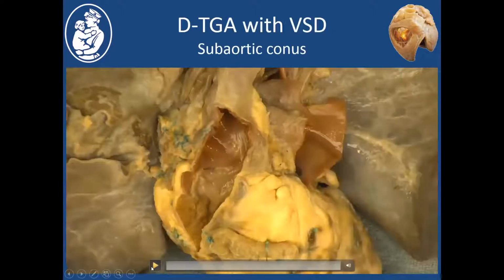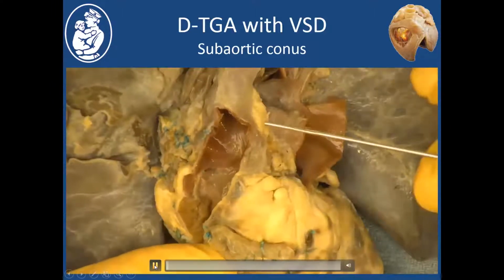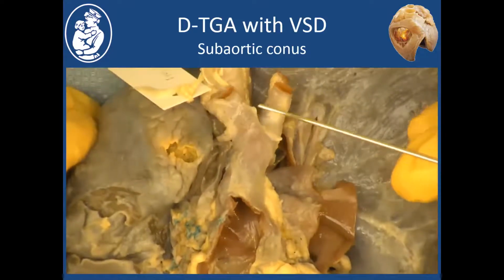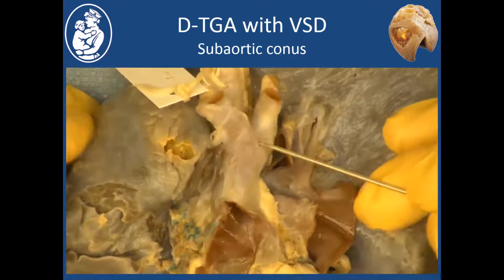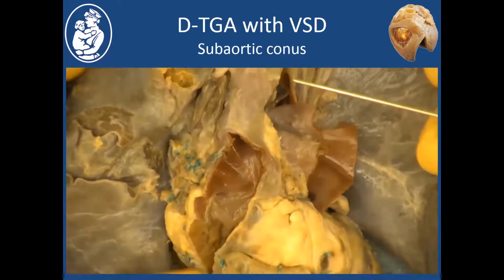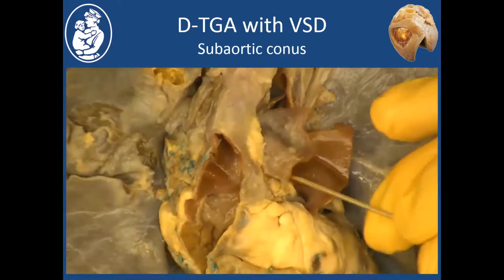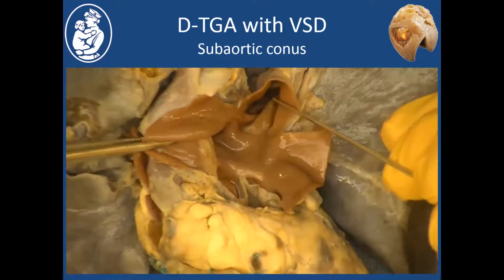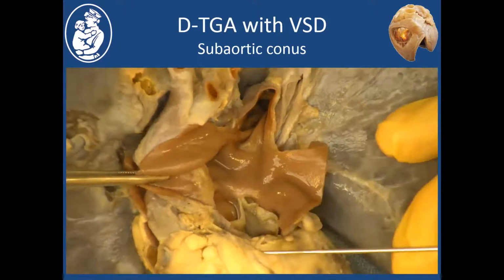This is an example of a typical transposition with a subaortic conus only. Here's the aorta. See the brachiocephalic arteries coming from it, the arch coming from it. So this is the aorta anterior and to the right. Here's the pulmonary artery posterior and to the left, with the right and left branch pulmonary arteries coming from it.